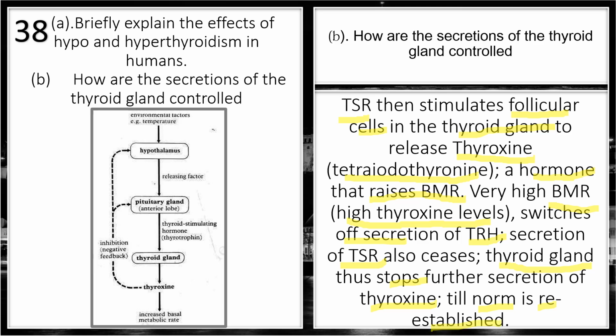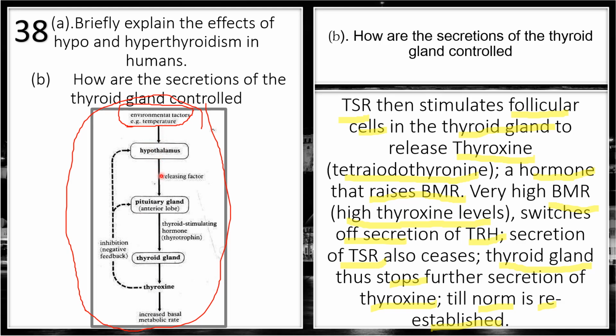So when you look here in our graph, you can see that, for example, when the environmental temperatures are varying, the hypothalamus is going to detect that.